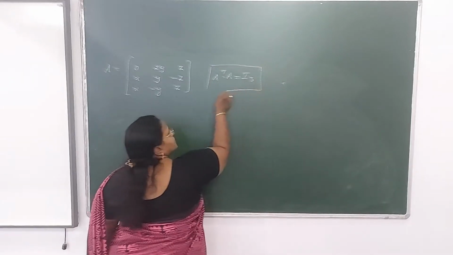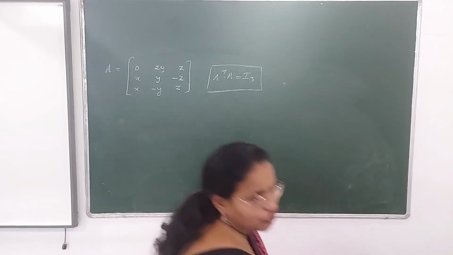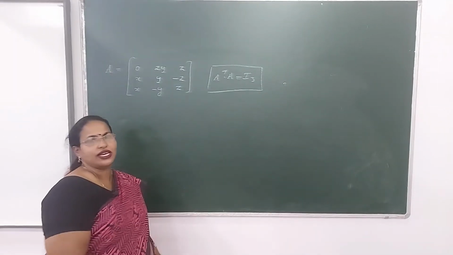This is the condition which is given over. Applying this condition, you have to get the unknown value x, y, z.